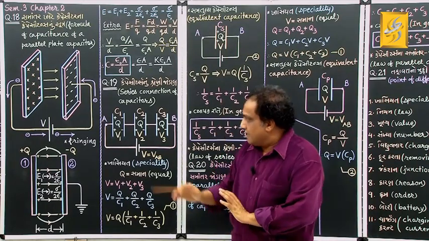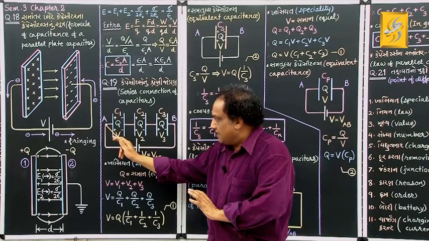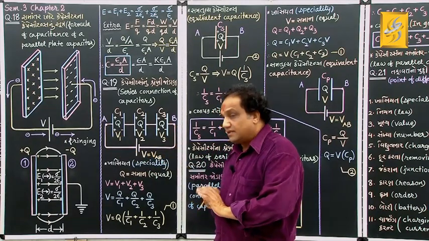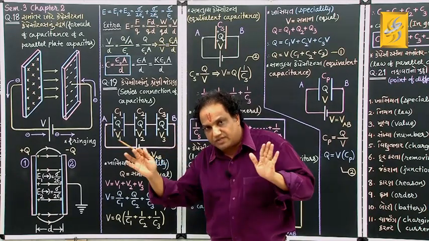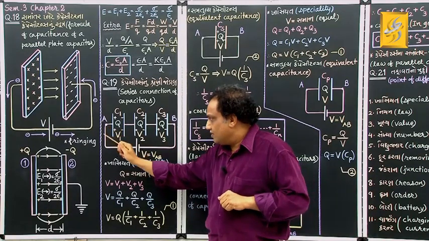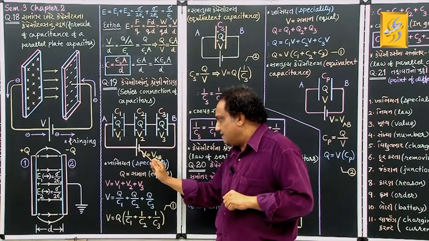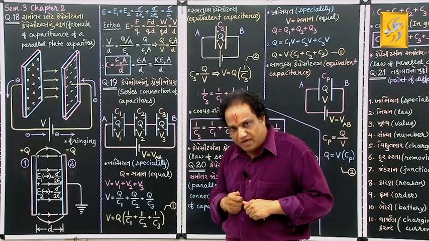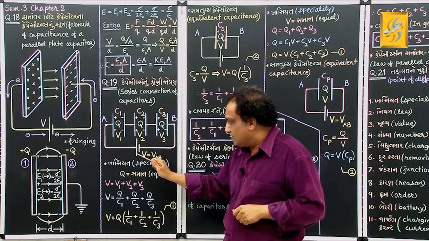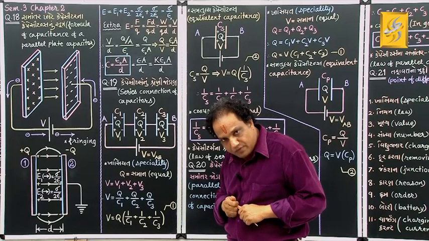Got it? Now these terminals A and B, they are the endpoints of entire series connection, across which we are supposed to connect some battery. For the symbol of battery you must remember, longer terminal means positive, shorter terminal means negative.